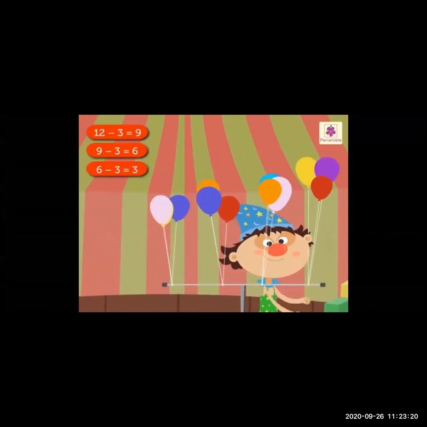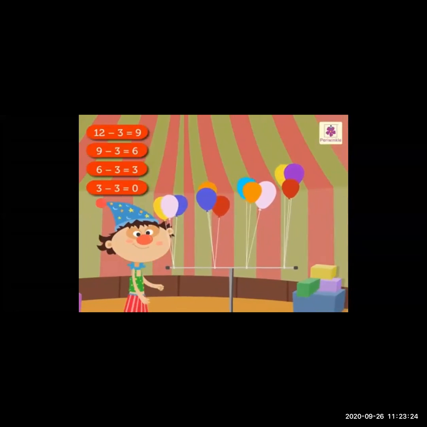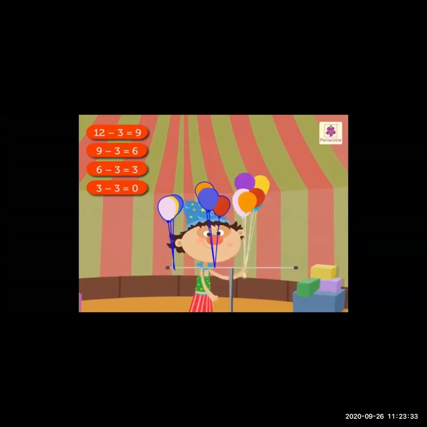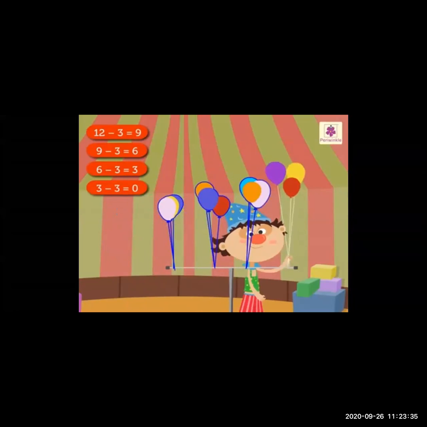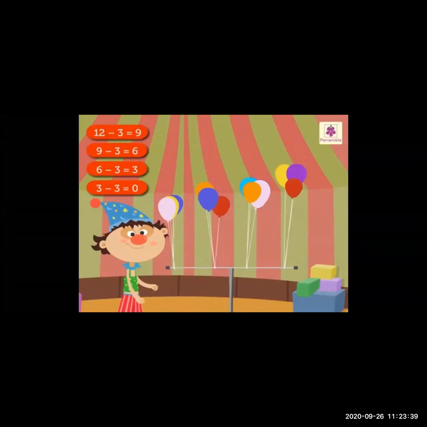He ties the remaining 3 balloons. Jojo tied 12 balloons into equal groups of 3. He got 4 groups. Here, he tied the same number repeatedly.